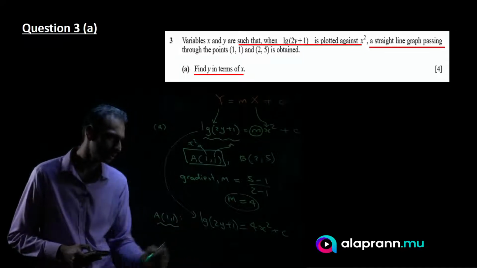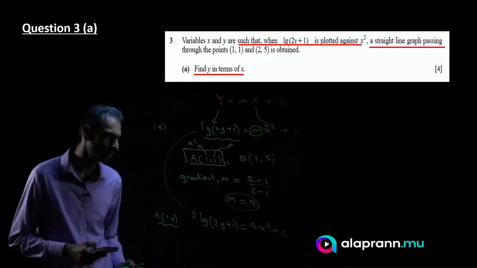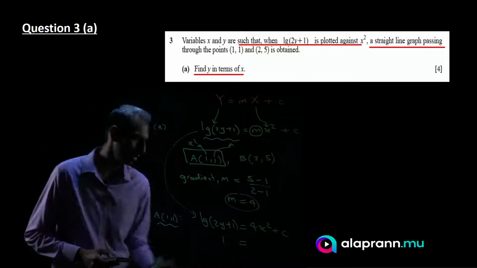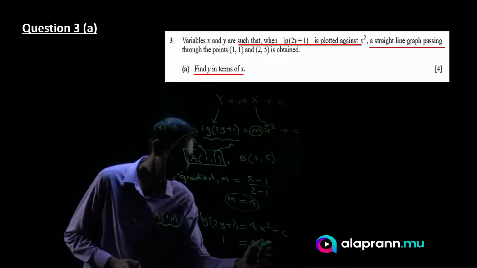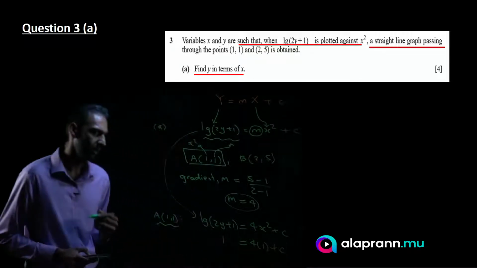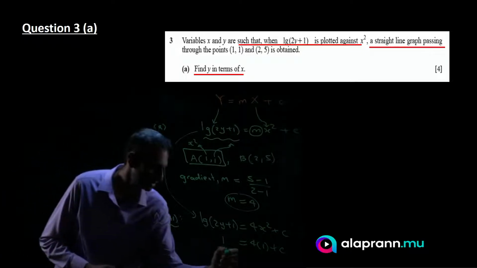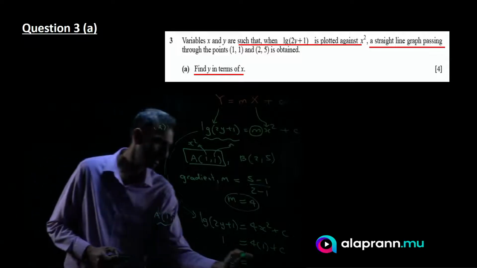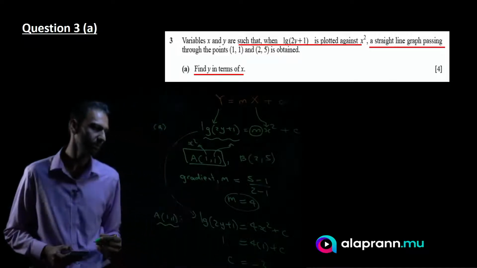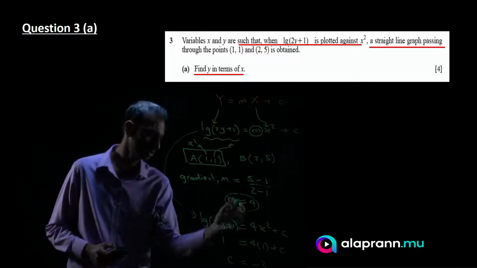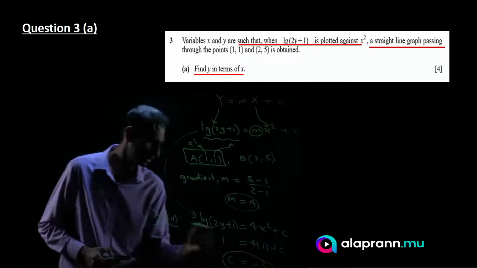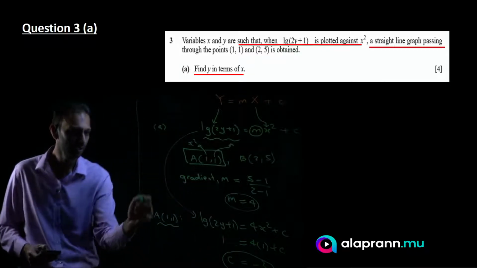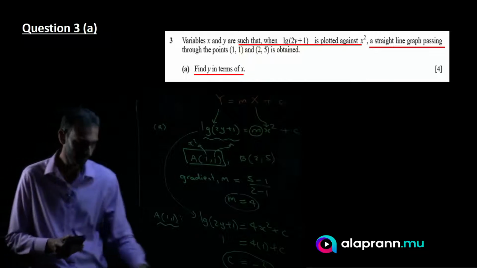If I substitute the log of 2y plus 1 by 1, and I have the x squared by 1 plus c, then what happens? You have c, which is equal to 1 minus 4, which is minus 3. So we got the value of the gradient, which is 4. We got the y-intercept, which is c. We'll continue with the calculation.